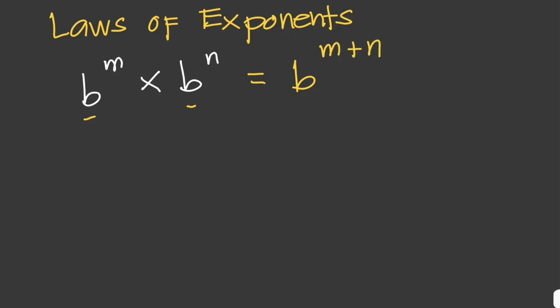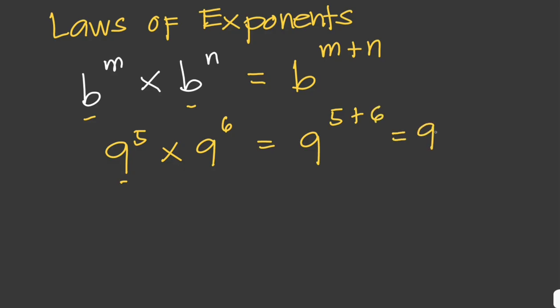Let's say, for example, we're given 9 to the 5th times 9 to the 6th. Since the expressions have the same base, we just copy the base, which is 9, and then we add the exponents, which are 5 and 6. So this would become 9 to the power of 5 plus 6, or 9 to the 11th.